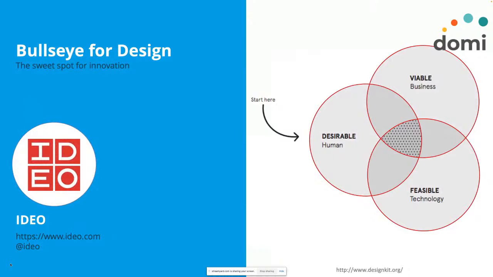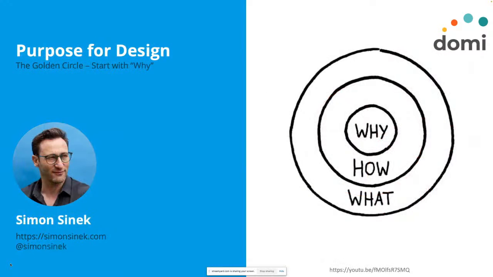I'm guessing many of you may have seen this diagram, the overlap of desirability, viability, feasibility. It's the bullseye for design that was put out by IDEO. And kind of related to that, three more circles that you may be familiar with are the golden circle.